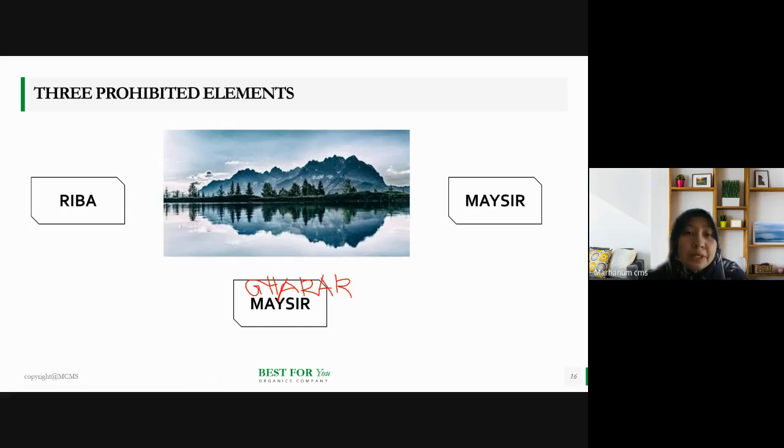Inward elements consist of effort and risk. There must be effort from the business owner. There must be a risk that they will face in future. So based on the risk and effort that they counted, they can put a certain price on the product that they want to sell.